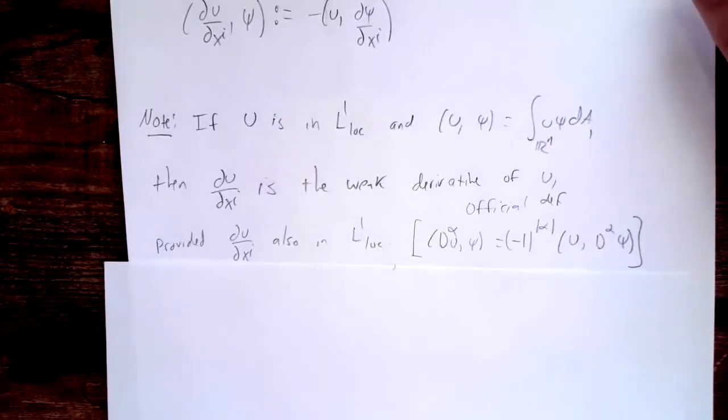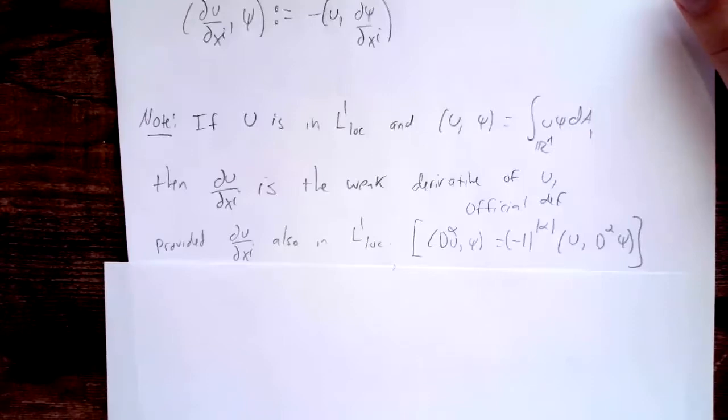And what's the official definition of distributional differentiation? So not just in one coordinate direction. We spent some time last time talking about the definition of d alpha of u, where alpha is a multi-index.